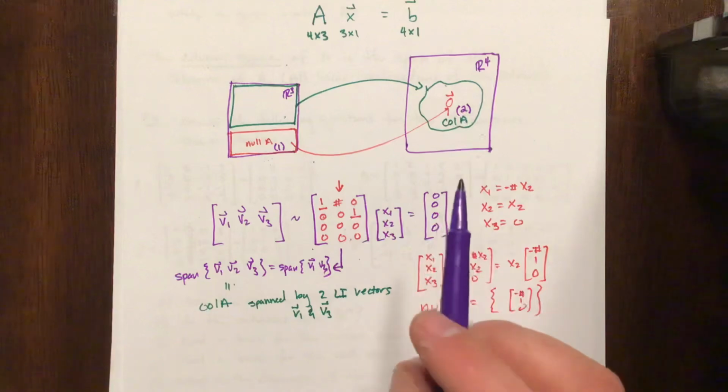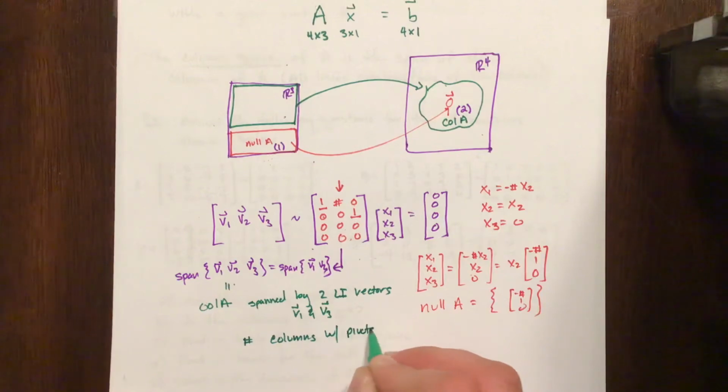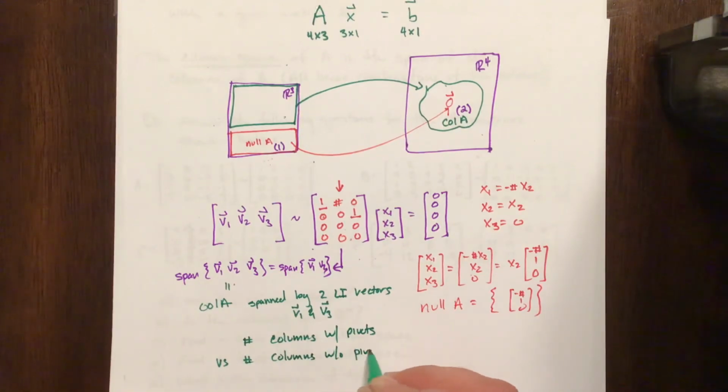Okay, and really, what does this all revolve around? It all revolves around the number of columns with pivots versus the number of columns without pivots in the row-reduced echelon form.